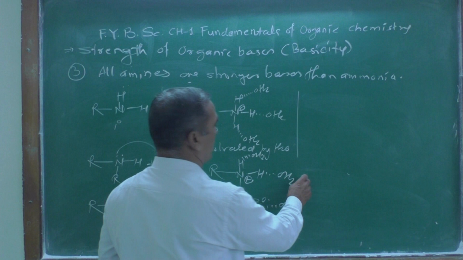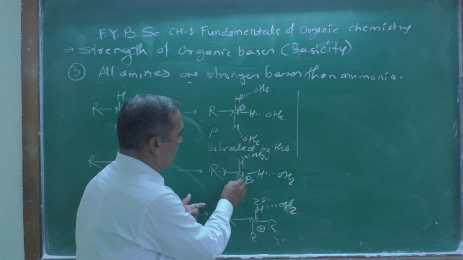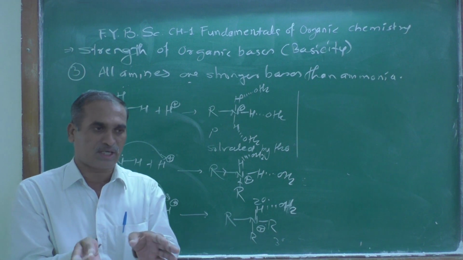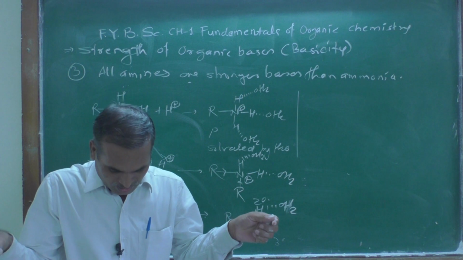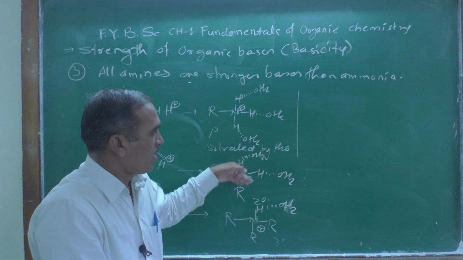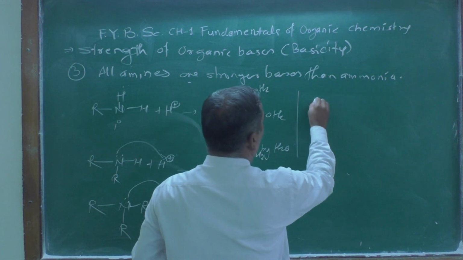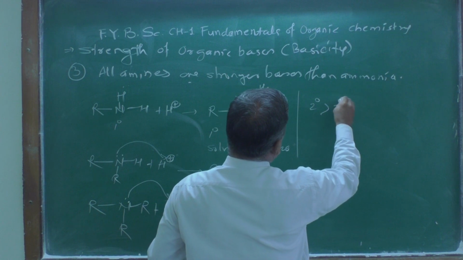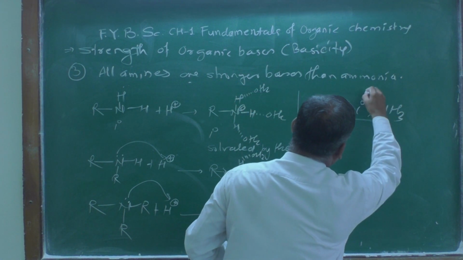the plus I inductive effect and the solvation effect, both oppositely control this, and therefore the resulting secondary amine is found to be stronger than tertiary amine, than primary, than ammonia. That is the actual order.